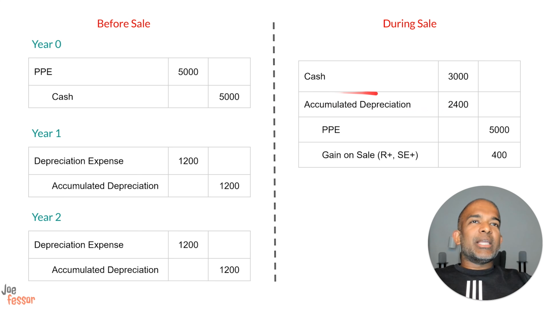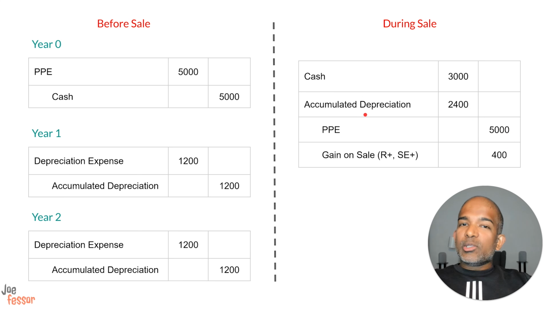By looking at these two entries together, we can see that an asset which had a net book value of $2,600 has been sold. It originally had a value of $5,000 and its value had dropped by $2,400 to reach a net book value of $2,600. At this point, it has been sold. That's the idea we get by looking at these two lines of the journal entry.